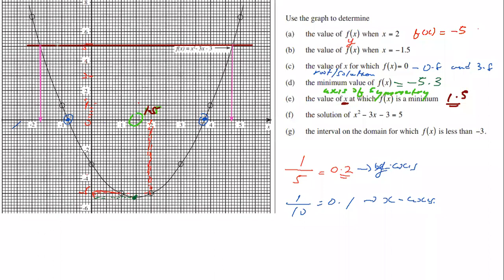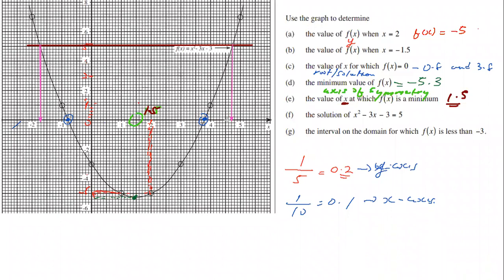When you draw the line at 5, you take your ruler and go down and figure out where the line cuts the x-axis.